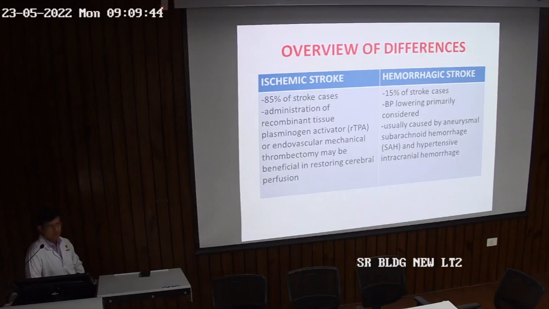Ischemic stroke is much more common than hemorrhagic stroke: around 85% are ischemic and the remaining 15% are hemorrhagic.